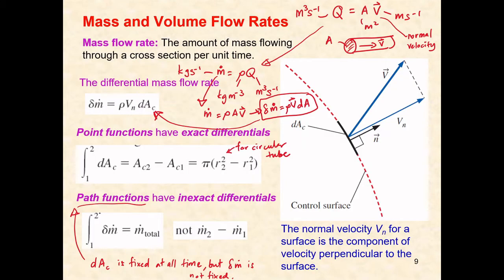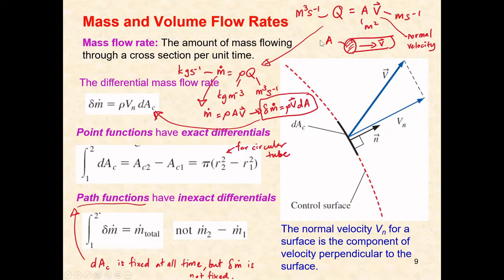Okay, so now let us look into the mass and volume flow rate. First we look into the mass flow rate, which is the amount of mass flowing through a cross section per unit time. To understand mass flow rate, it's easier to look into volume flow rate.